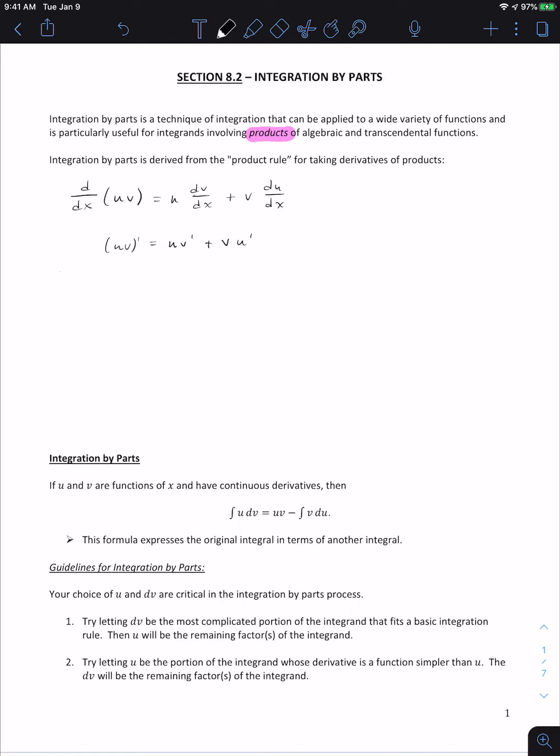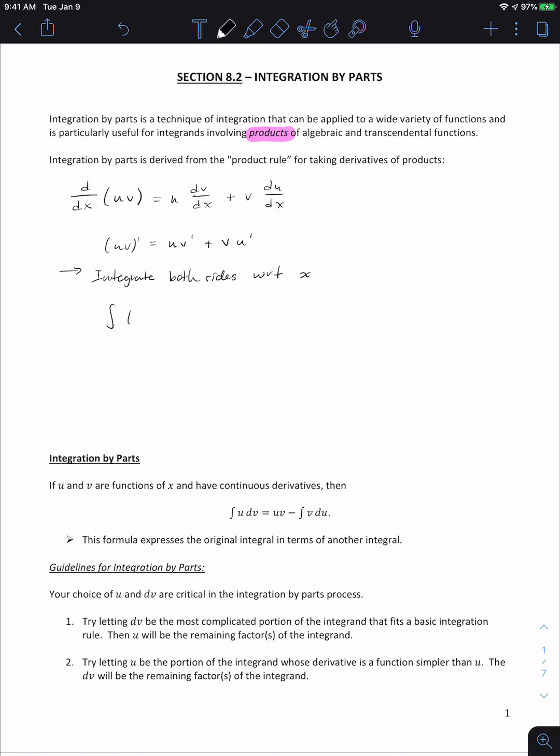Okay, so now let's integrate both sides. And we're going to integrate this with respect to x, because we took the derivative with respect to x. These are functions of x. So if I do that, I get on the left-hand side, when I integrate the derivative, I get just uv back, right? And actually, I can just write out that step.